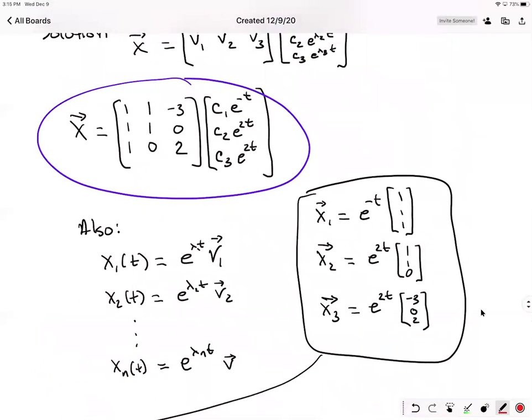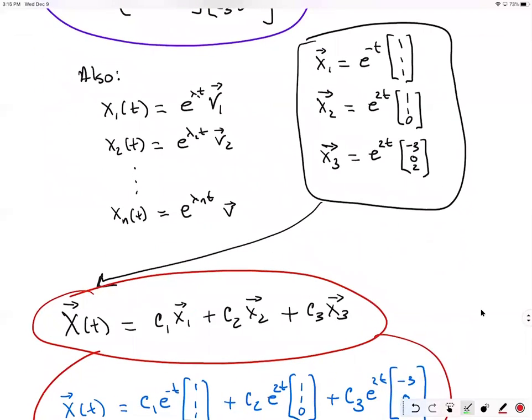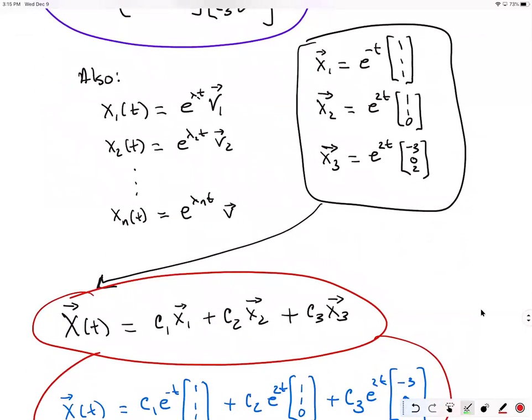So our book often writes it in this form as like this matrix times the C1 e to the lambda t. I think a lot of other books will write it this way and then put this form down there where you put the C1, C2, C3 in front. That's fairly common as well, as long as you make it clear what the X1, X2, and X3 are.